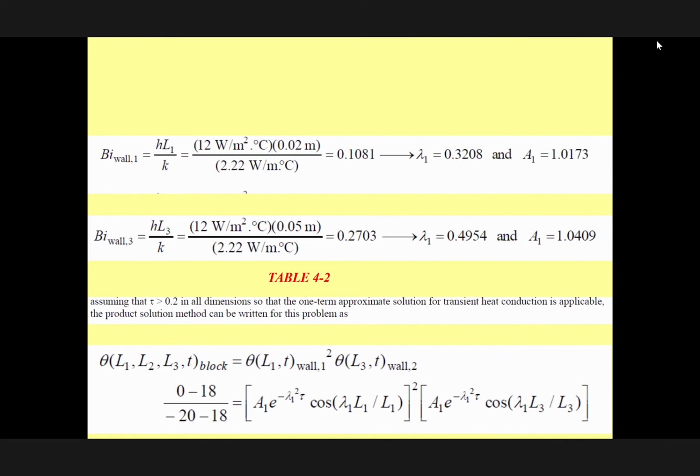This is from the textbook, the end of the chapter. I don't know if I got the end of the chapter right, but that's a problem. I believe it was 4-110. Okay, perfect. Thank you so much.